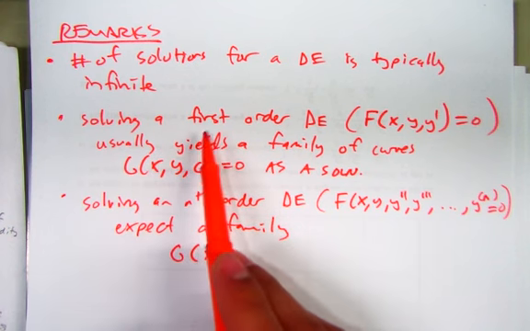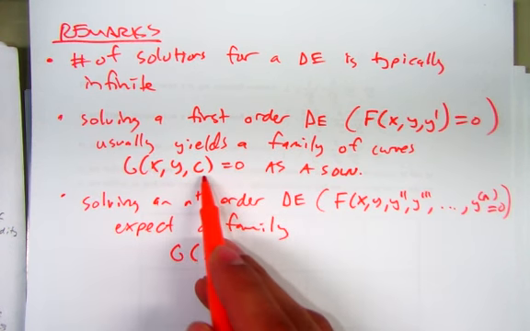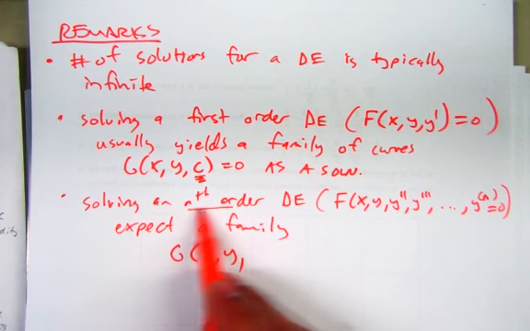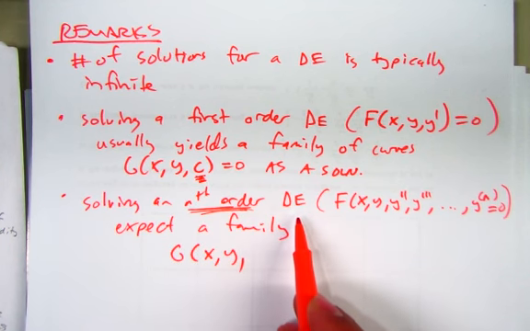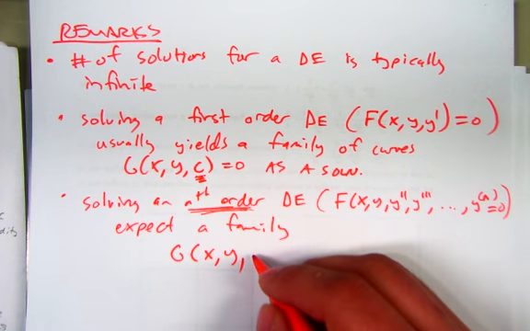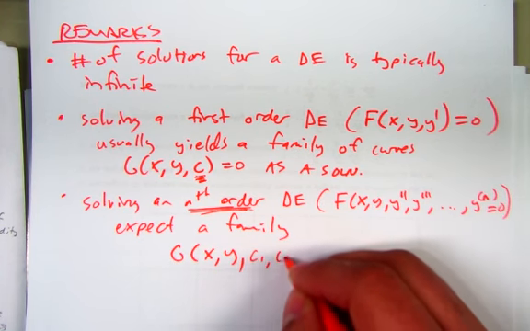A first order differential equation has one parameter or one constant as part of the family of curves. An nth order differential equation is going to produce not just one, but n constants. So we'll say C1, C2, and so on.